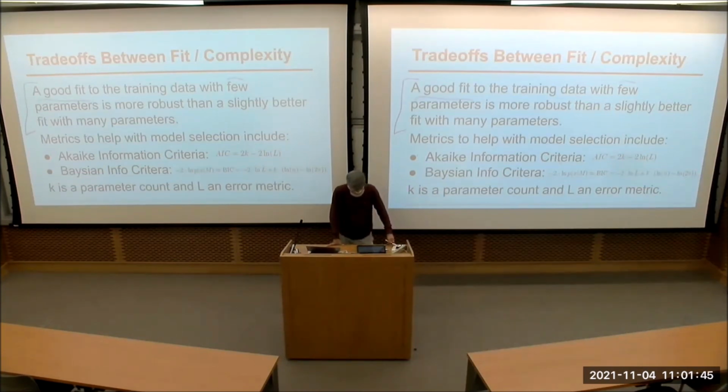Occam says that a model with a few parameters is more robust. So how do you figure out what the best model is? A model with fewer variables, fewer parameters, is better. A model that has a better training error is better.